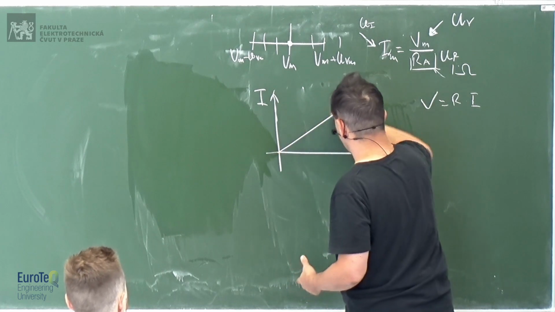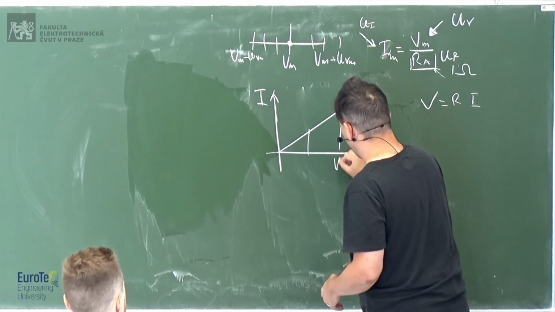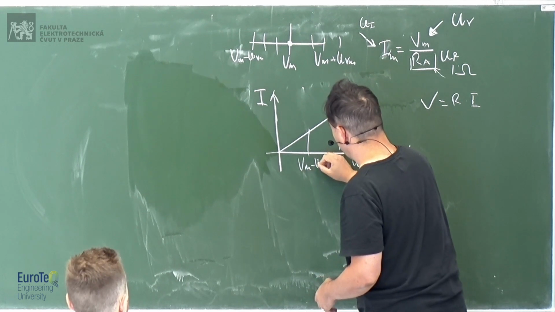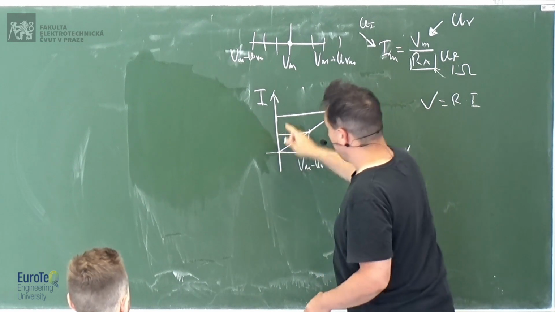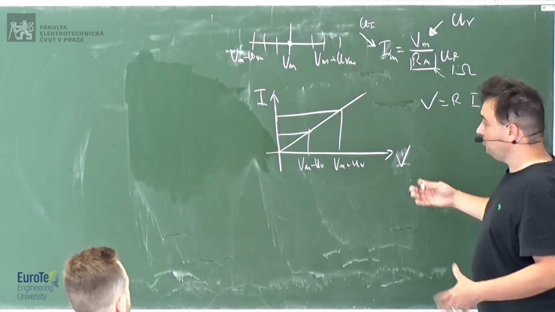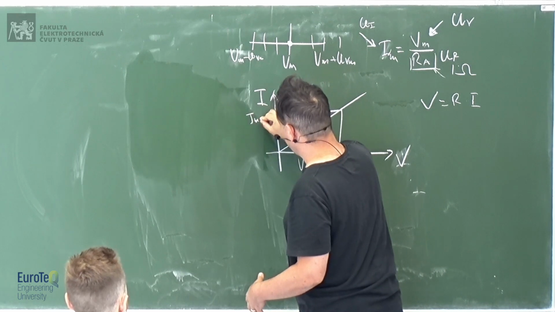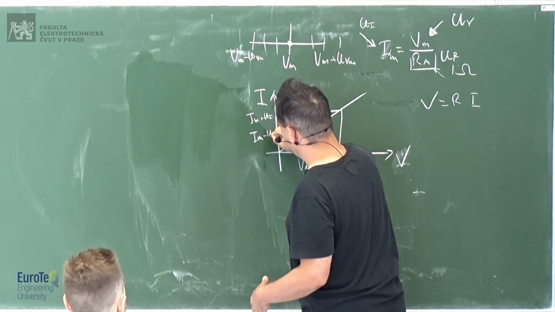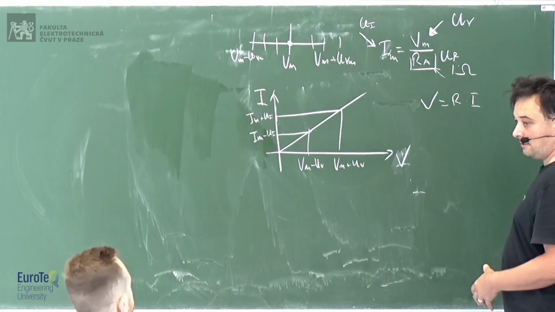What we say is that there is Vm plus the uncertainty of the voltage, Vm minus the uncertainty of the voltage, and that is translated into a range of values here, where I have Im plus the uncertainty of the current and Im minus the uncertainty of the current. Correct?